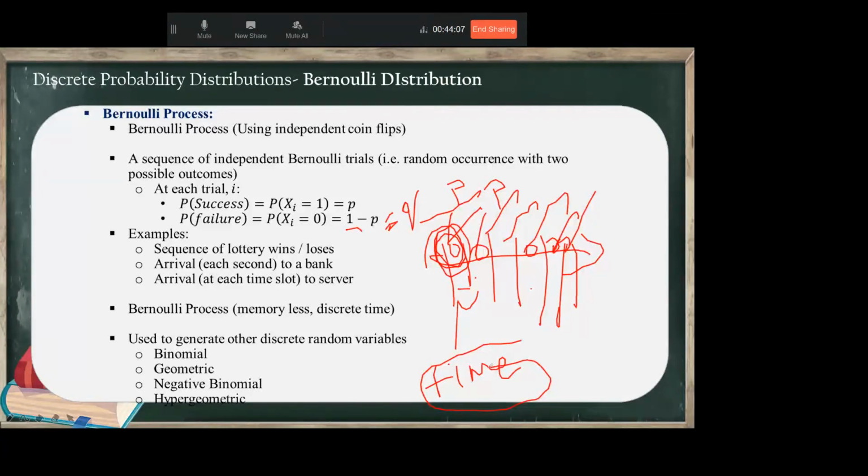Now, in two outcomes, we have two probabilities, as I already told you, P and Q. So if we can divide any experiment into two outcomes, such a process is known as a Bernoulli process. We use it as memoryless and discrete time, as I told you with the example of time. So how do we use it?